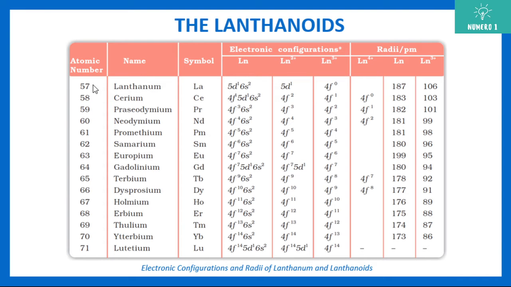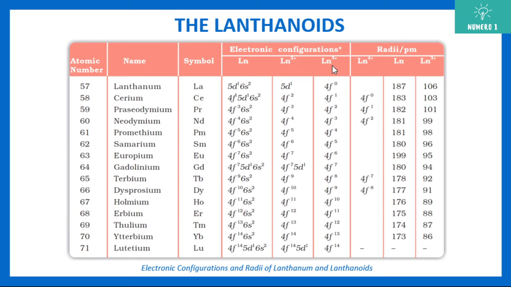You can see the atomic numbers starting from lanthanum, the entire series, and these are the symbols. There is no need to remember them apart from a few. You should remember 64, that is gadolinium, Gd. Its electronic configuration is important. The first part here is the normal electronic configuration of the element. Then this is the most stable oxidation state, Ln3+.